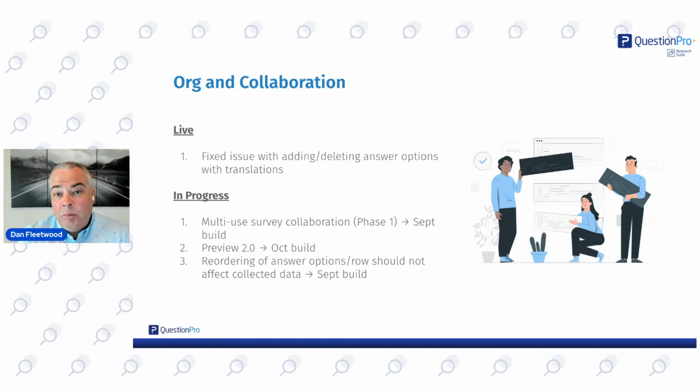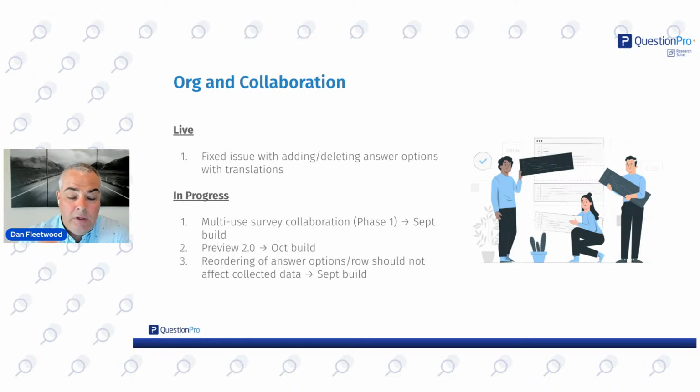And then survey preview 2.0, right on the heels of multi-user survey collaboration. When you have your survey and you're previewing it, right now all of the logic and validation, all of those things that you have in your survey, as you probably know, are included in that preview.